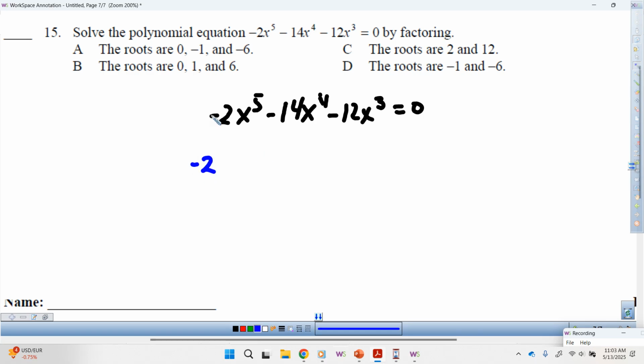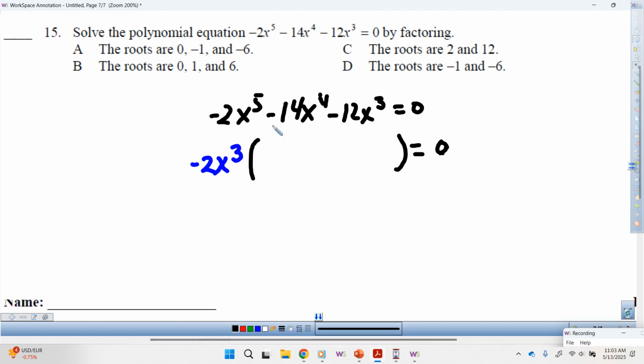That is correct, because at least the first one has a negative, so it's negative 2. What else does each of the three terms have, everyone? So we have an x. How about x squared? Yes. How about x cubed? Yes. How about x to the 4th? No. So the highest is x cubed. So my GCF is negative 2x cubed.